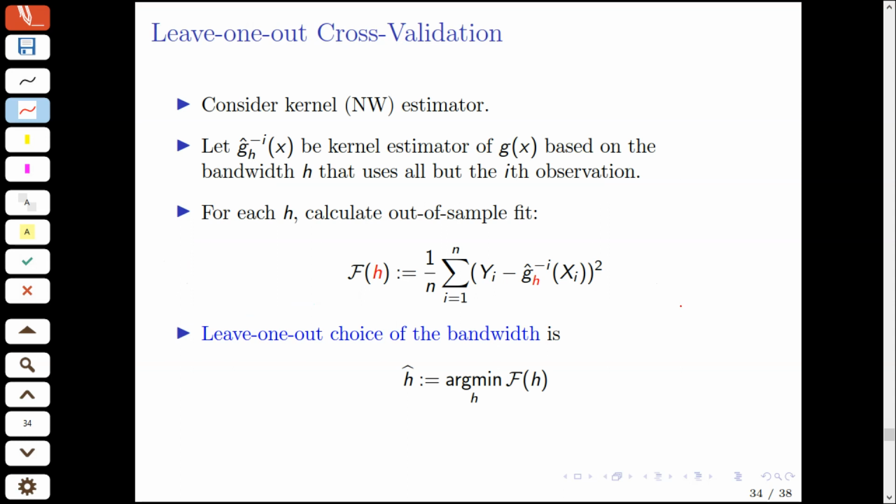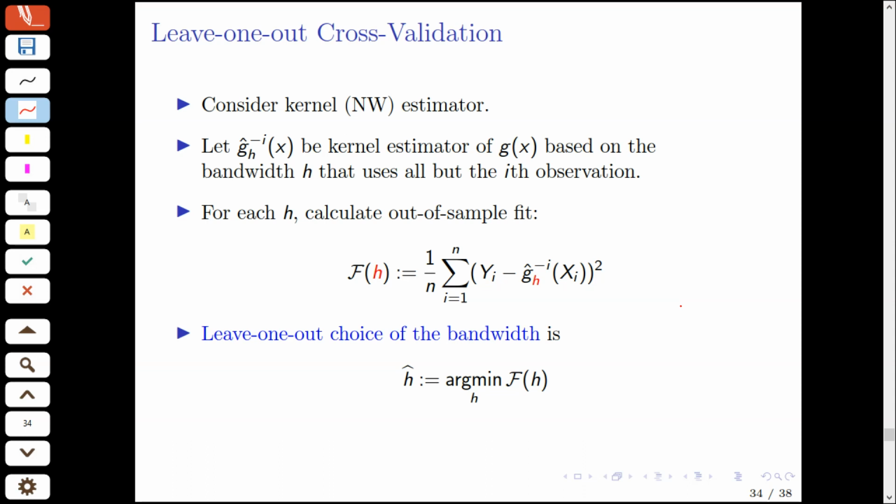So what is that? Let's just for the moment think of us wanting to implement the nonparametric estimator. So we're searching for a value to use for the bandwidth h for the nonparametric estimator.